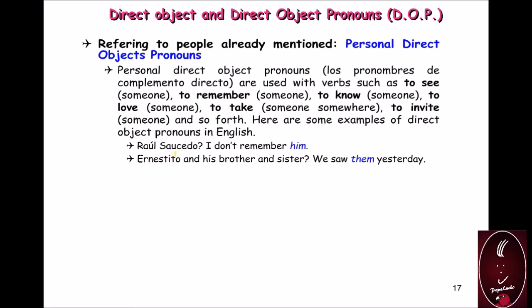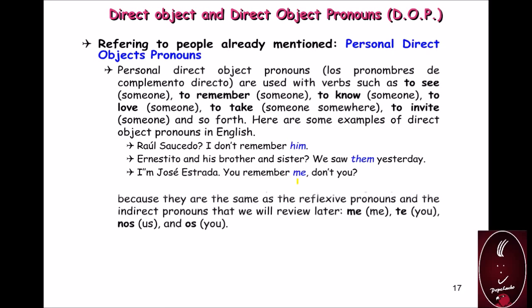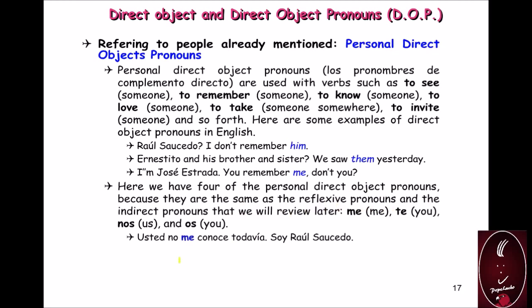Raúl Saucedo, I don't remember him. Ernestito and his brother and sister, we saw them. I am José Estrada, you remember me? Here are 4 of those personal direct object pronouns that we are going to review later, and they are the same as the reflexive pronouns.